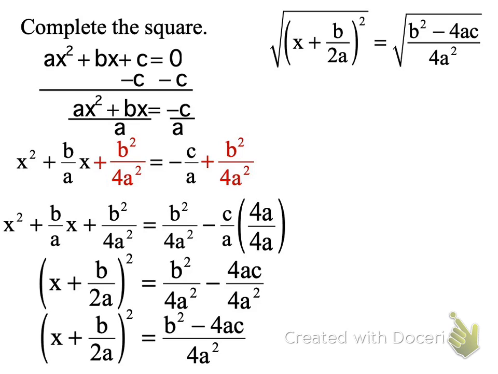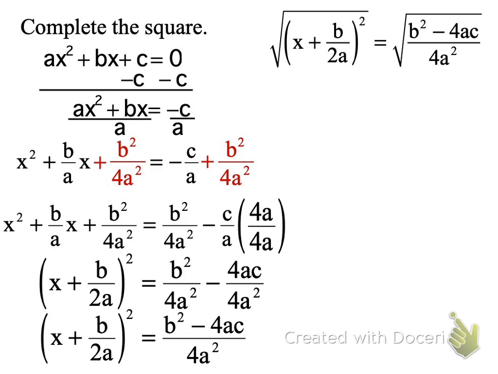And on this side, can I take the square root of the numerator? Is this a perfect square? Yeah. Is this a perfect square? Yeah. Is this? No. So we can't take the square root of the numerator, but we can split it. We can say the square root of the numerator over the square root of the denominator.